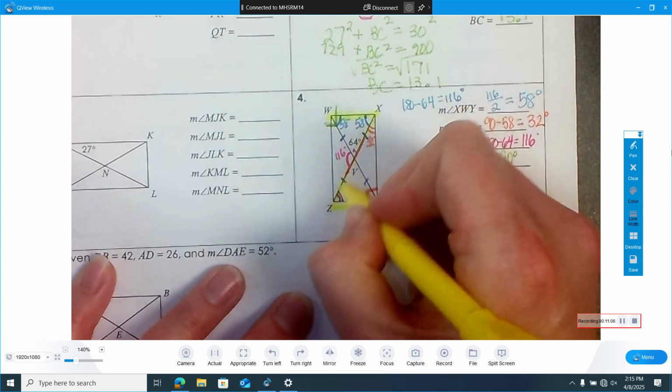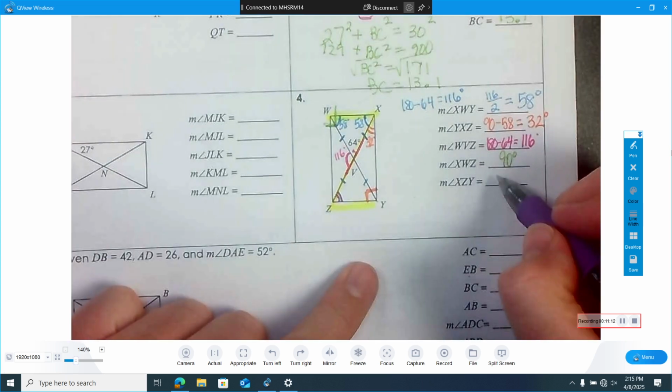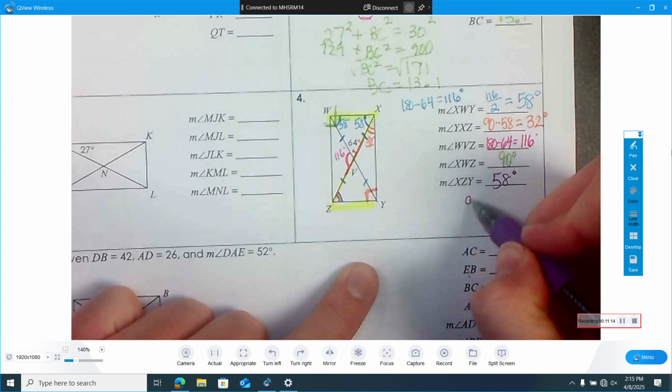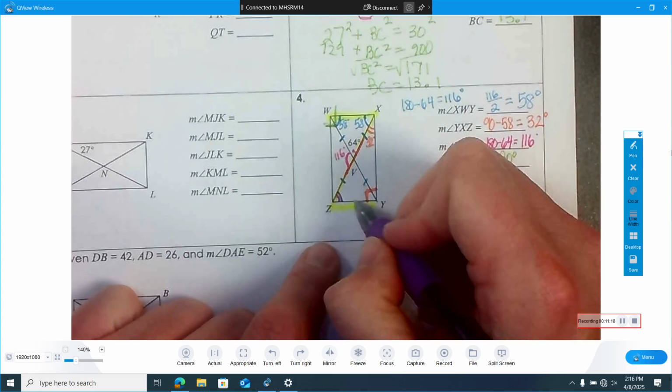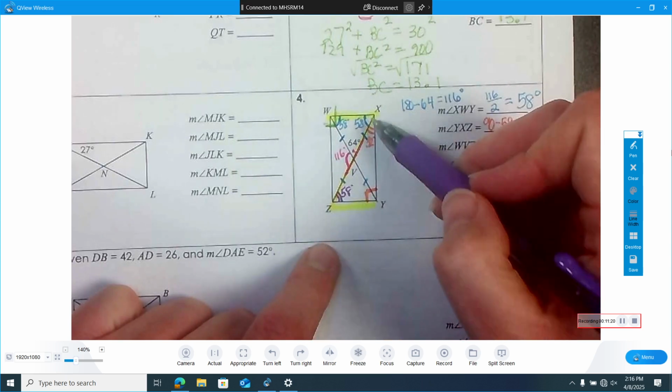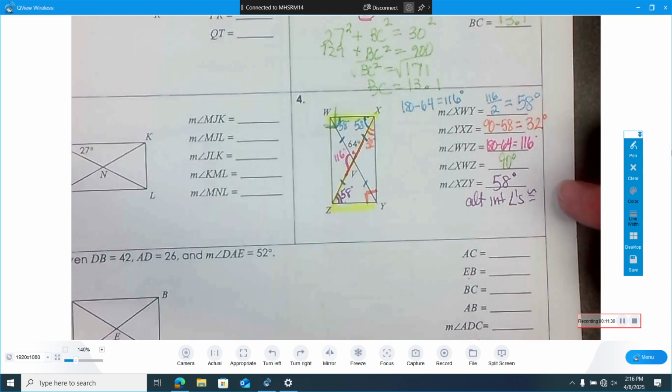So anytime you see that Z shape, you have alternate interior angles, and they are congruent. So 58 degrees, alternate interior angles are congruent. So 58 above, 58 below. Very good thing to pay attention to. All right, questions on those? Don't you just love how colorful it is?